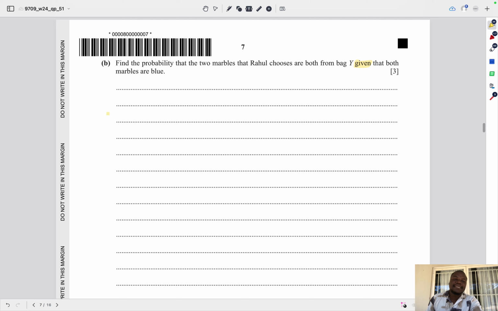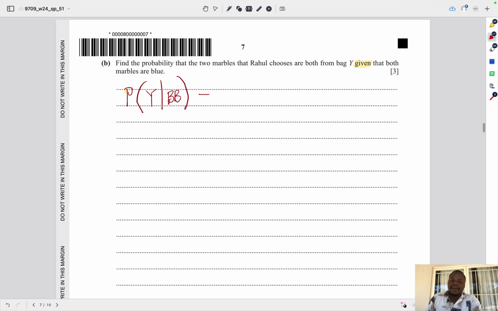And let's remind ourselves of what we are being asked. They are saying find the probability that the 2 marbles picked are both from bag Y. So I'm going to write that now here. This is the probability that the ball is from Y, given, that's how we say given, that this ball is of the blue color.